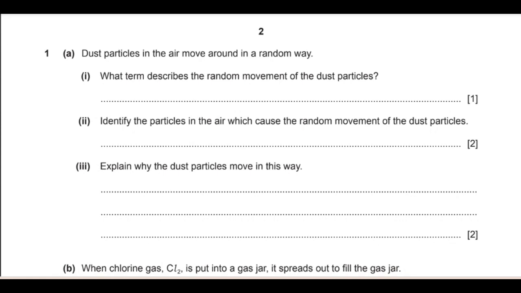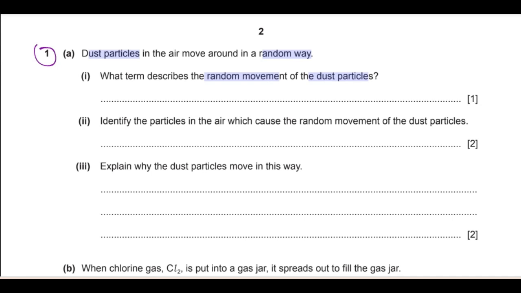So question number 1. Dust particles in the air move around in a random way. What term describes the random movement of dust particles? Do you have a debate in your mind?